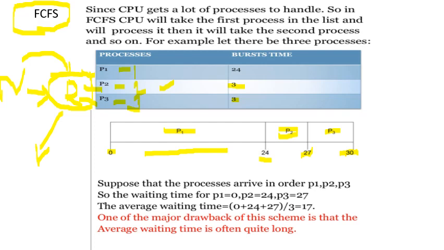This diagram itself explains it: process P2 wants the CPU only for 3 milliseconds, but it is in the waiting stage until its turn arrives.